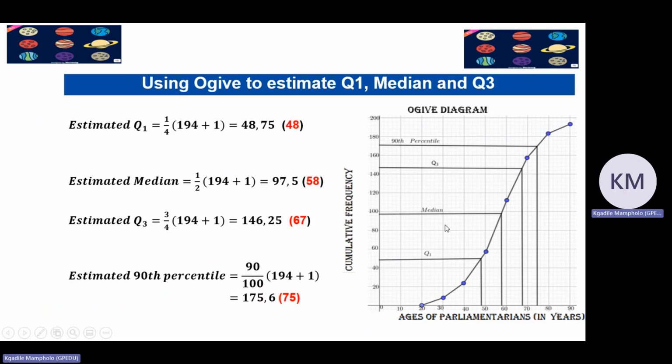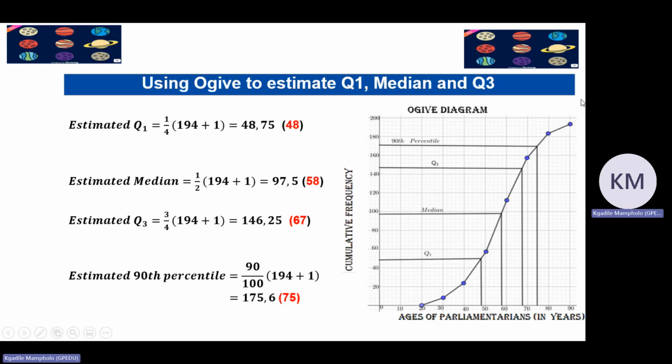But again, sometimes they can say, determine the number of parliamentarians who are over the age of 60. Okay, at the age of 60 here, there are 100. The total is 194.